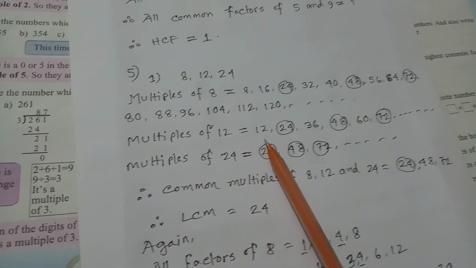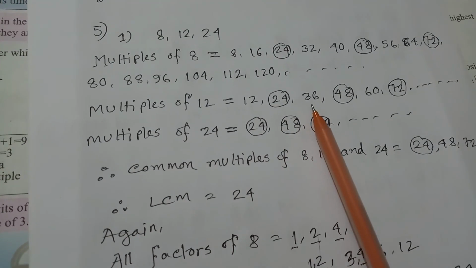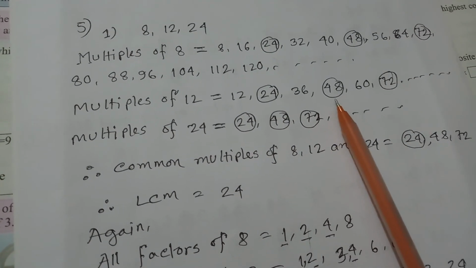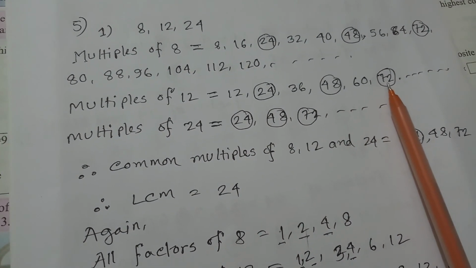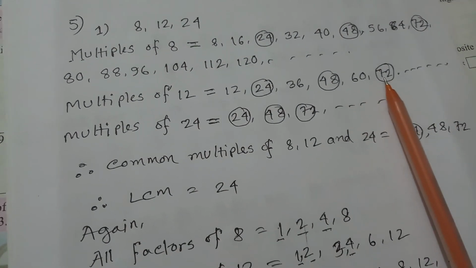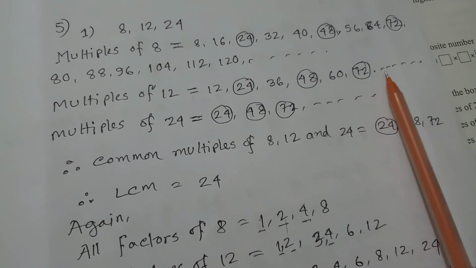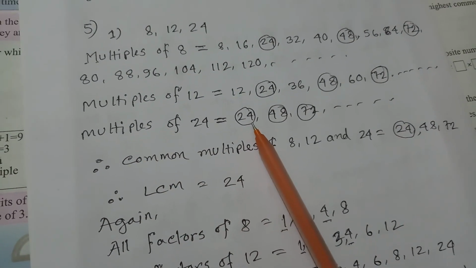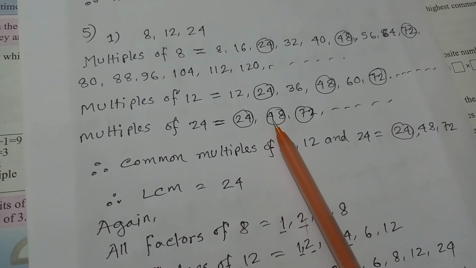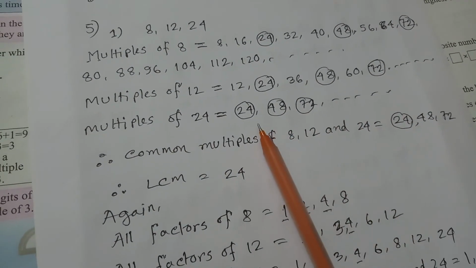Multiples of 12: 12, 24, 36, 48, 60, 72, and many others. Multiples of 24: 24, 48, 72, and so on.